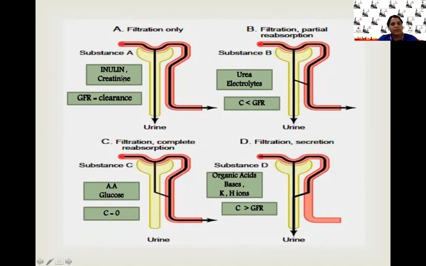That is, if you look at the clearance formula, wherein you take the urinary concentration of a substance multiplied by the flow rate divided by the plasma concentration of the substance, for creatinine there are slightly false high values both in the urine and plasma. In the plasma because of multiple conditions, in the urine because it is partly secreted. So the numerator and denominator errors can cancel each other. So clinically, creatinine can be used in place of inulin for measuring the GFR. So the creatinine clearance roughly equals GFR, which is nothing but your renal clearance.